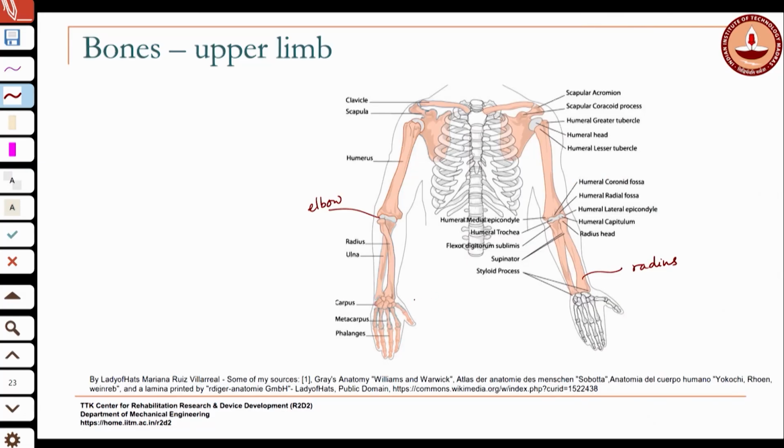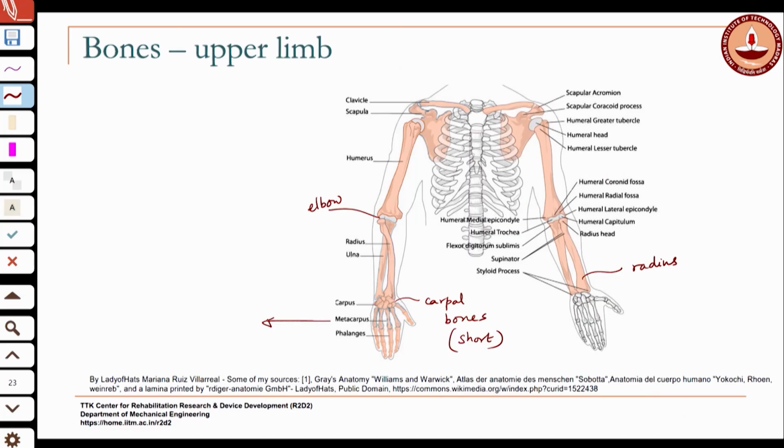You have the radius and ulna, then you have the carpal bones of the wrist, which are what kind of bones? They are short bones, the carpal bones are short bones. Then you have the metacarpals in the palm of your hand. These bones here, what kind of bones would they be? They are long bones, the metacarpals.